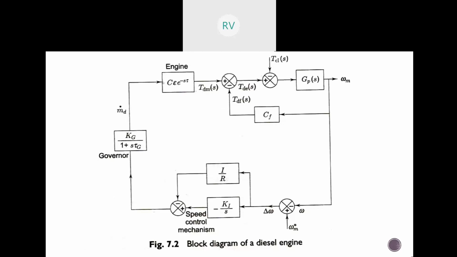DM is the mechanical loss. You just look into it, these are quite normal definitions. So this total is giving us a block diagram for the diesel engine.